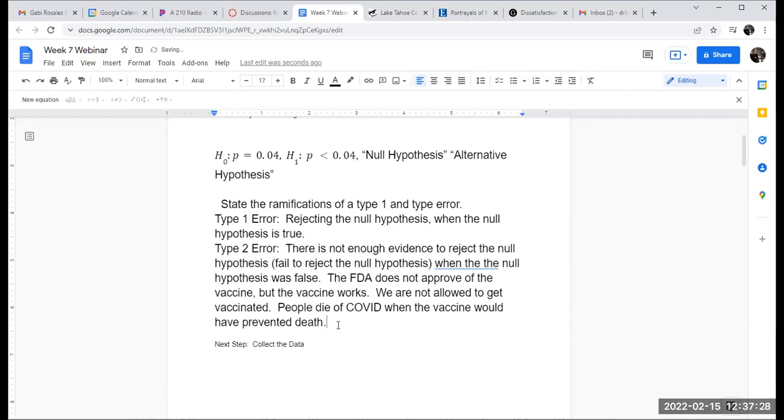Sorry, before we collect the data, one more step. Right after you do the type 1 and type 2 error, what you have to do is decide what your level of significance is.